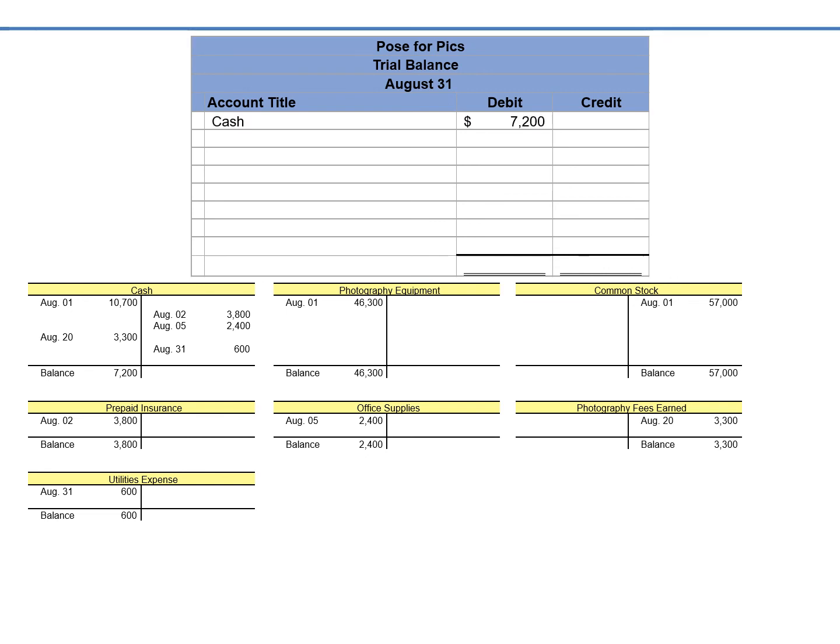Cash is a debit, 7,200. Office supplies. Office supplies are asset accounts. Asset accounts have a normal balance of a debit. Prepaid insurance, also an asset. Assets have normal balances of debits. Photography equipment, also an asset.